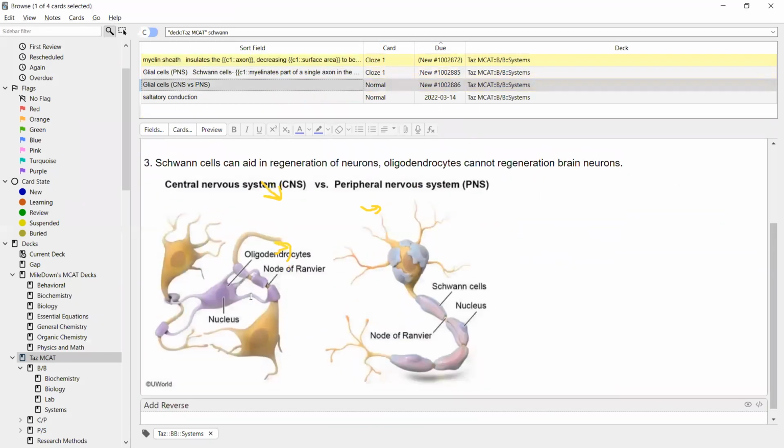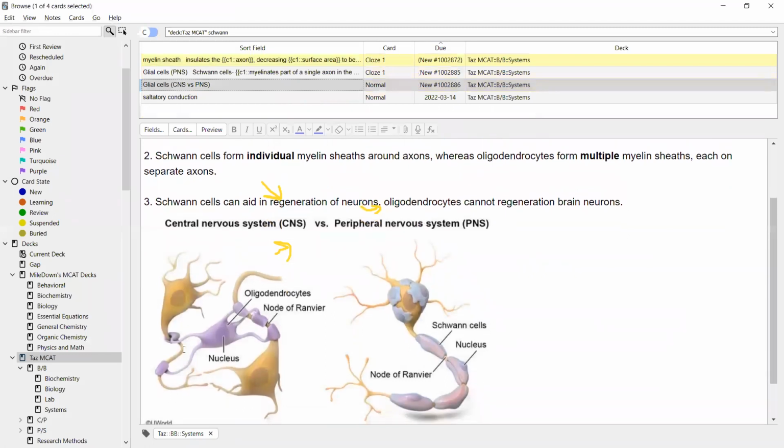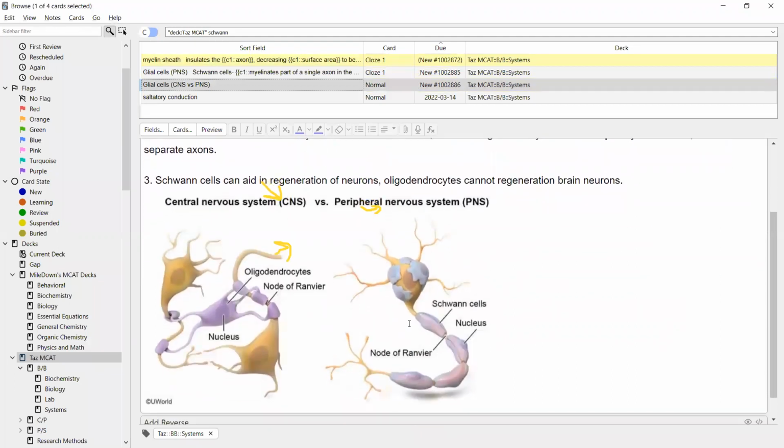The difference is, we have a picture here. You can see on the left, we have the central nervous system. This in purple is the oligodendrocyte, and you can see that it's wrapping around a neuron and creating those myelin insulation areas. Now, in the peripheral nervous system, we have the same thing, but look at how the myelin is actually embedded with the Schwann cell.